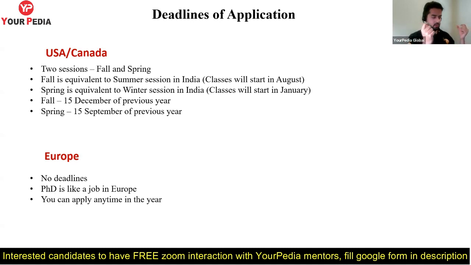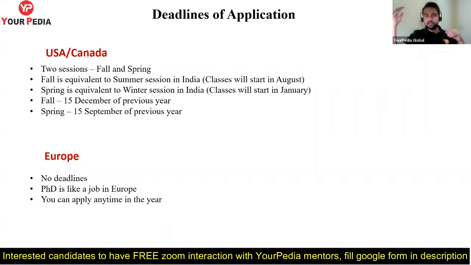But there is one difference between the Indian summer session and the US fall session. You have to understand that if you are from India, China, or some other country, you are an international student for the US. For an international student, if you want to apply for the fall session, classes will start in August.